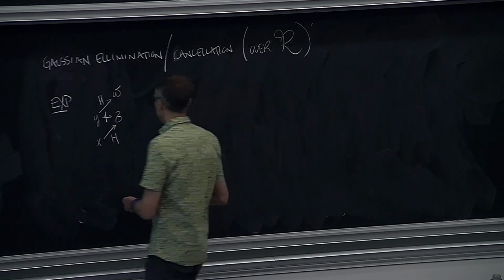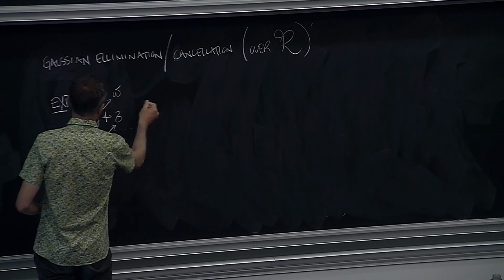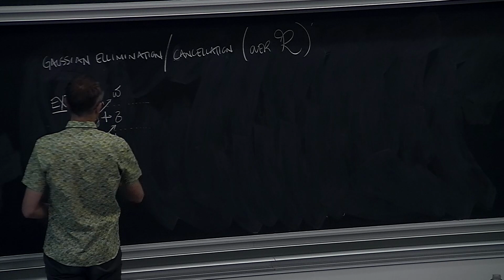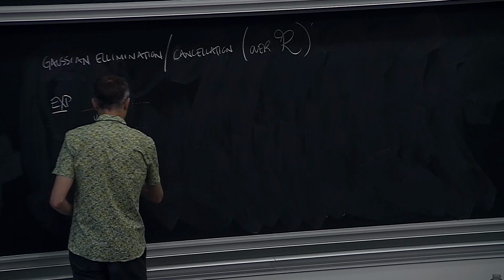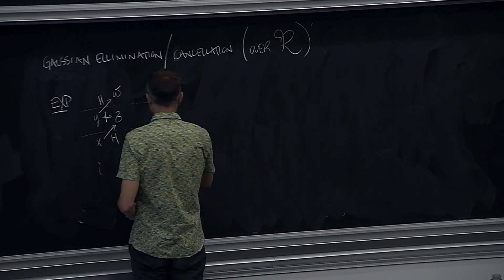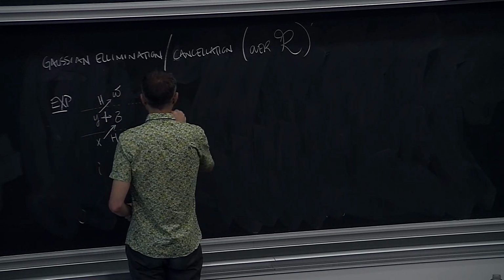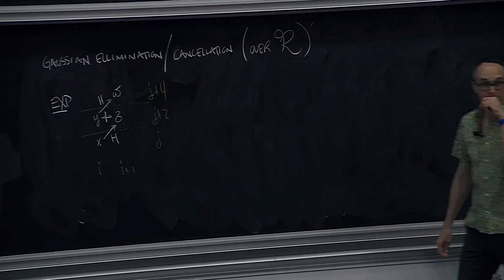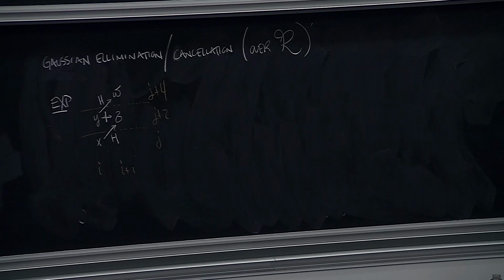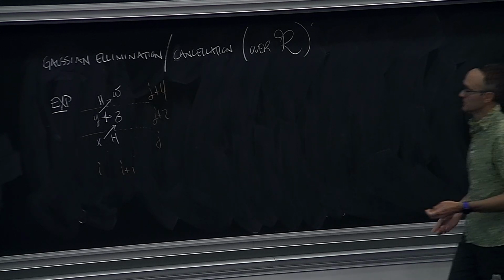And I'm trying to be suggestive about grading. There's a grading running horizontally, and there's a quantum grading running vertically. So this is like i and i plus 1. This is j, j plus 2, j plus 4. Okay, so that's a small type D structure, and I'm trying to slowly suggest that these can be graded, but it's a 4-dimensional type D structure, and it's got some very simple operations.